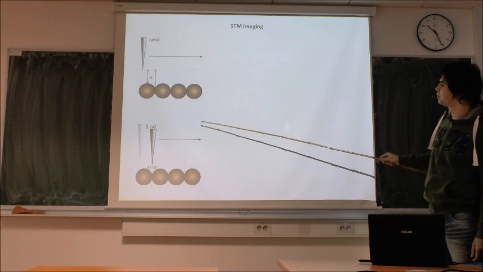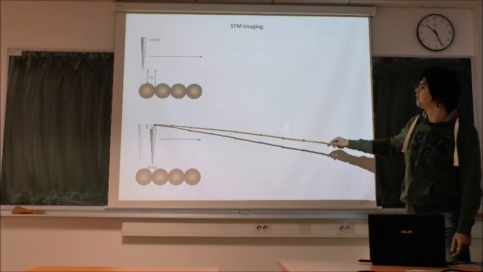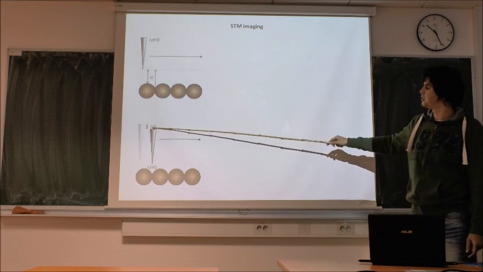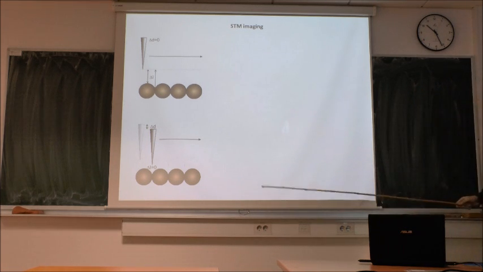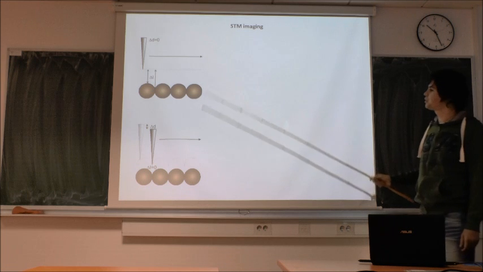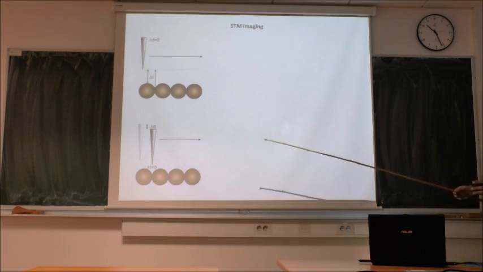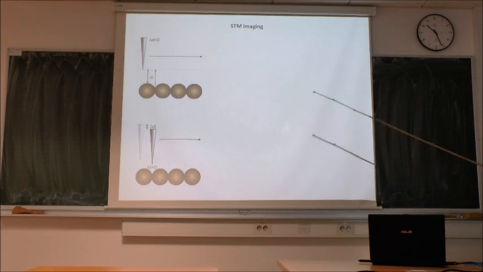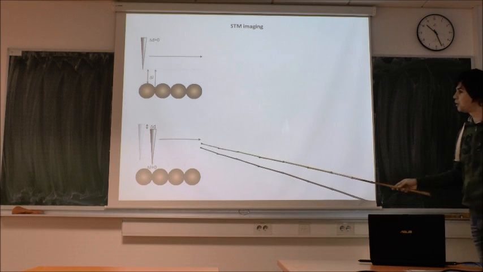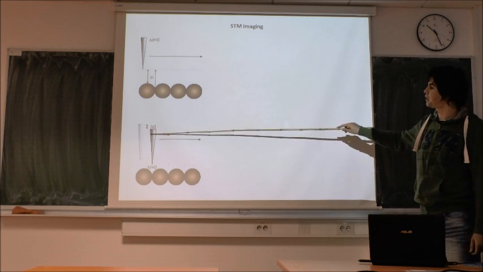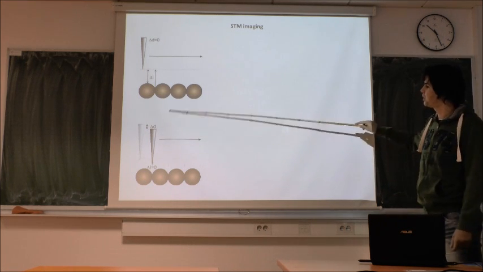Now you plot the two-dimensional image, you plot the changes in distance d, the vertical movement of the tip, versus the sample position, and you again get a similar image, you get the topography of your sample. This mode is of course slower, because when you scan over the sample you always have to adjust the tip.